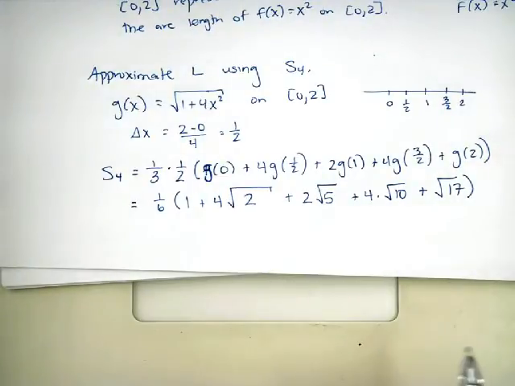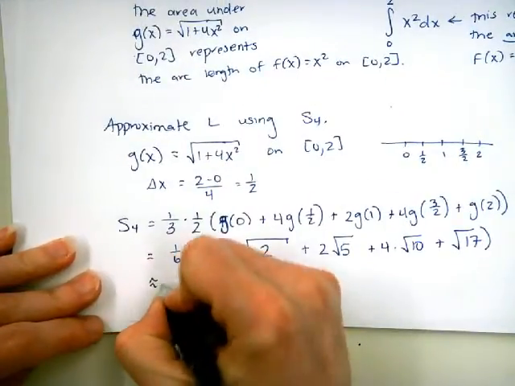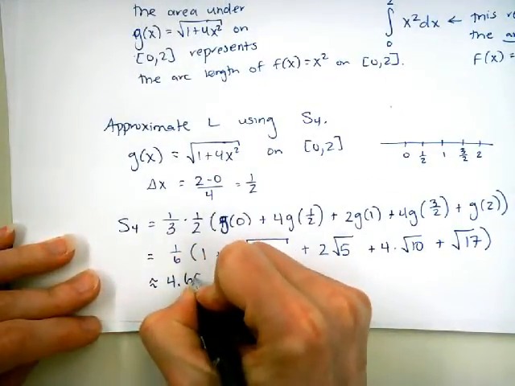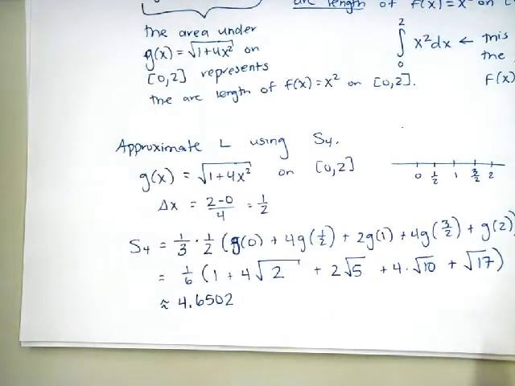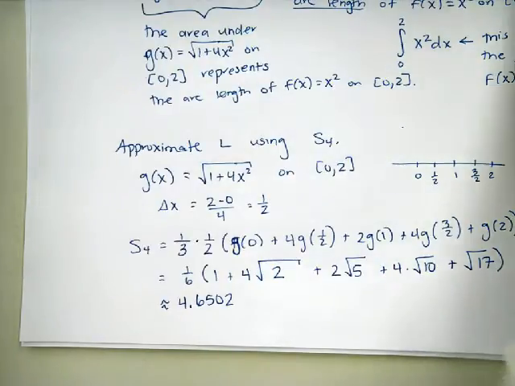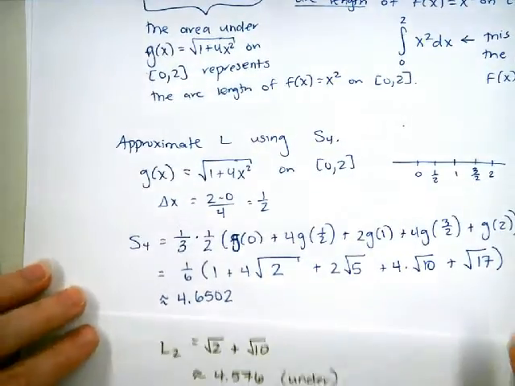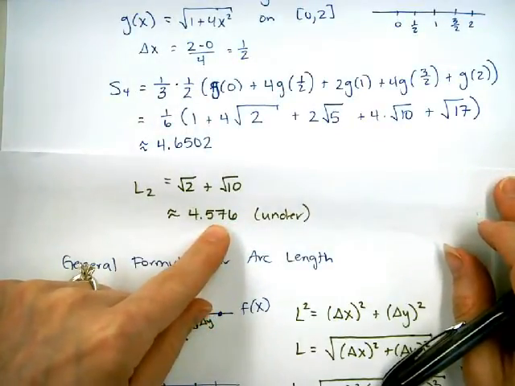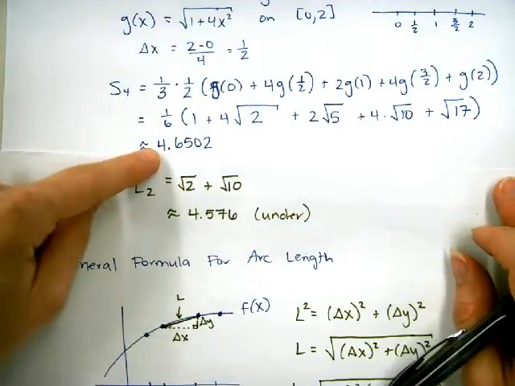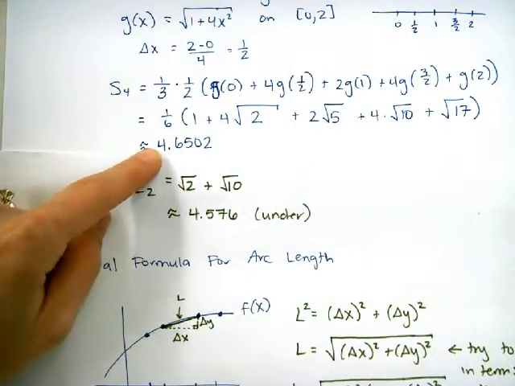Okay, and when I put that into my calculator, I get about 4.6502, which notice is somewhat similar to my previous. This is when I used those 2 lines to approximate the arc length. I got about 4.576.